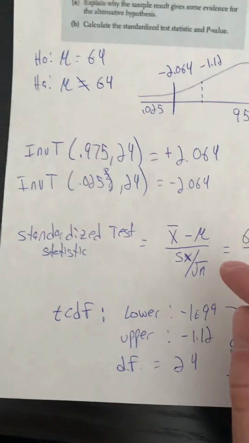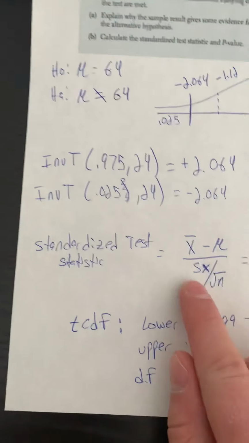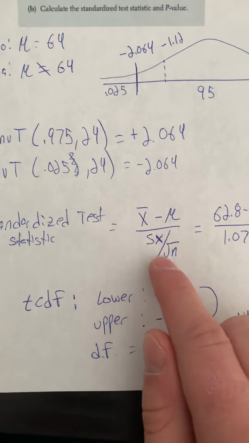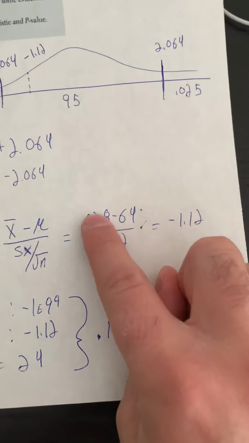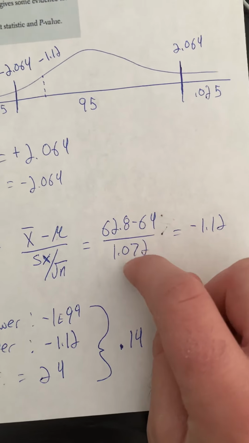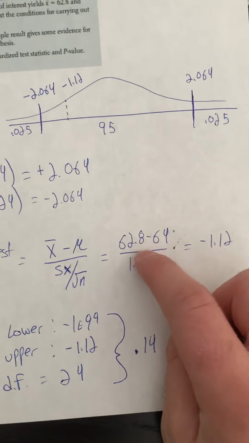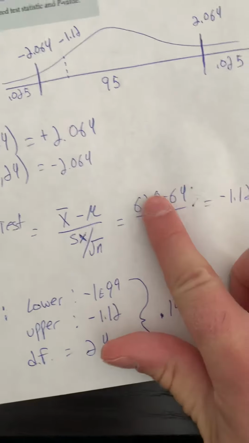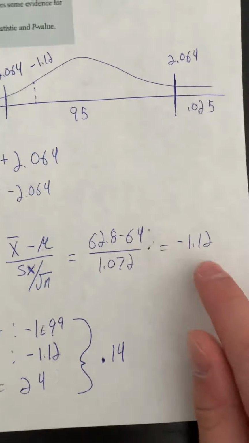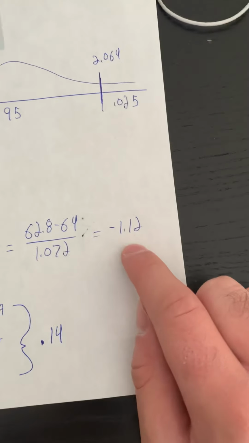Now, the standard error of the sampling distribution for means is always equal to the standard deviation of the sample divided by the square root of the sample size. All right? So I went ahead and did these calculations already. The denominator comes out to 1.072. The numerator comes out to 62.8 minus 64. If you take the result of this subtraction here and divide it by the denominator, you get a standardized test statistic of negative 1.12.